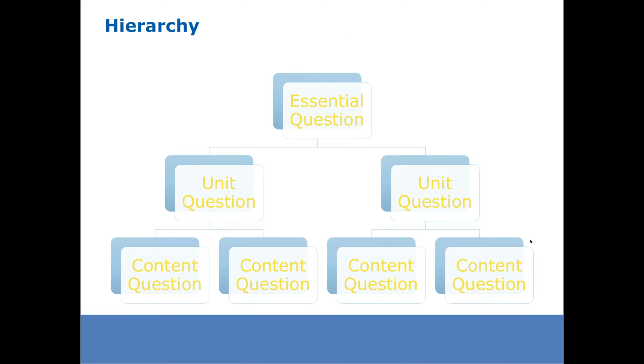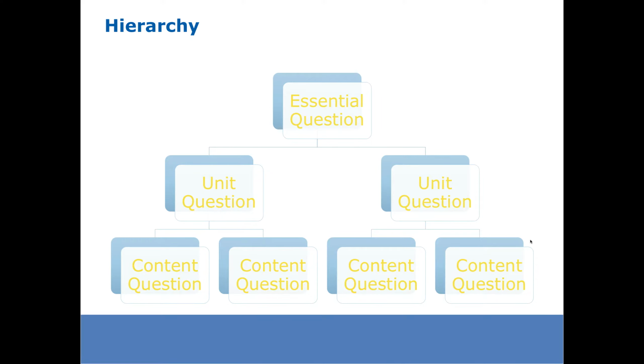And this is how they fit together. Your essential question is at the top of the hierarchy. And then you have one or more unit questions. Just because the chart here shows 2 unit questions, please don't think that that's a limit or even a requirement. You might have a unit that only has 1 unit question, but you might have a unit that has 3 or 4.